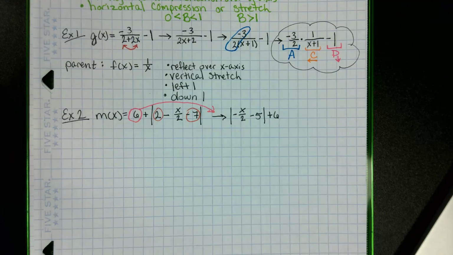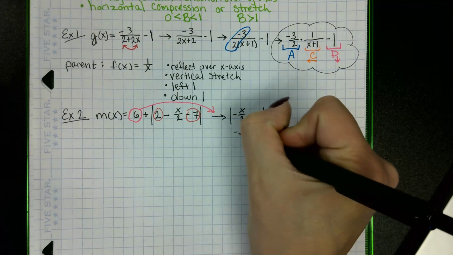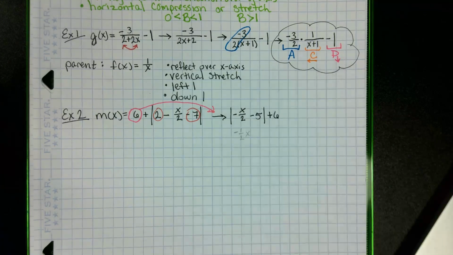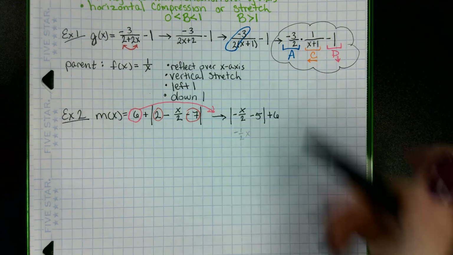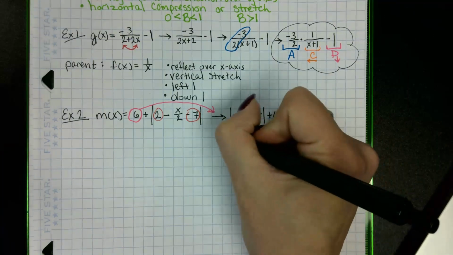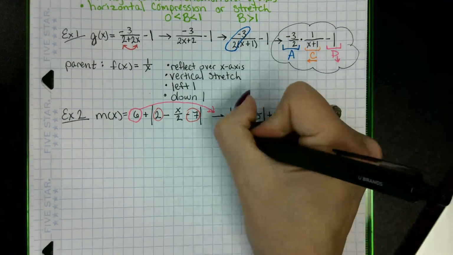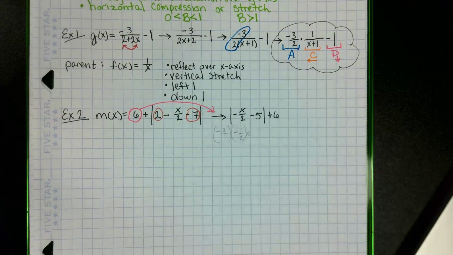So I'm going to write that down here. So negative 1/2 x. If I want to cancel out a negative half, then I need to multiply by its reciprocal. That's how you cancel out a fraction, right? So negative 2 over 1 is what I need to multiply it by.